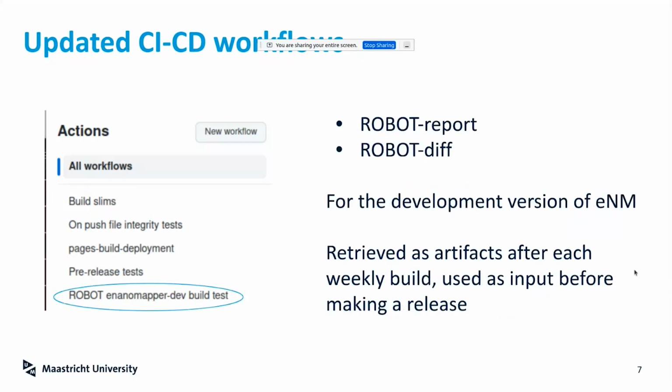Then after the development version of the ontology is built, we run a ROBOT report on it to get the warnings and errors as described by the OBO Foundry. And we also run ROBOT diff between the latest development version and the one from before. We retrieve the products of these ROBOT commands as artifacts after the build.